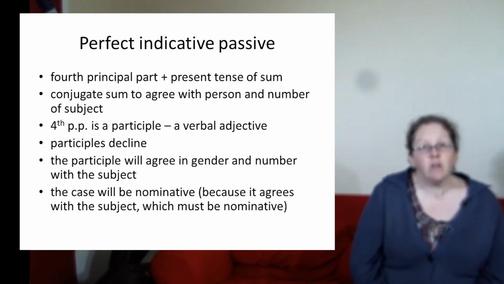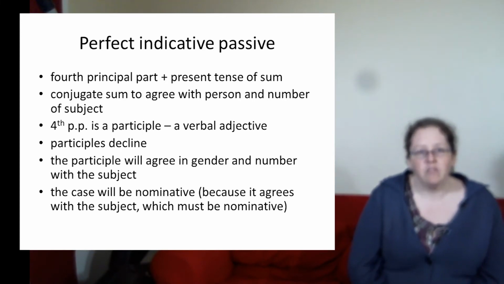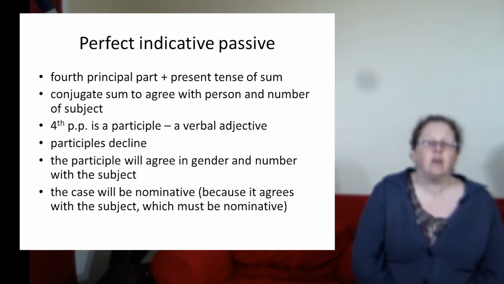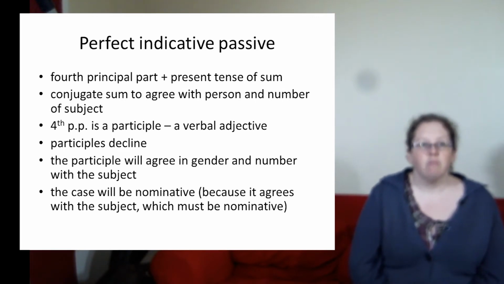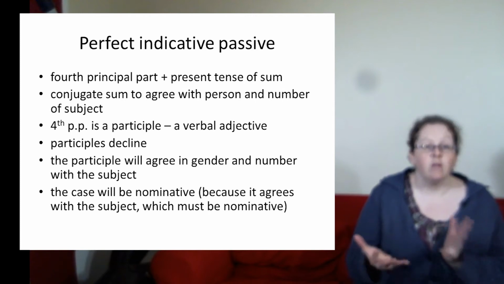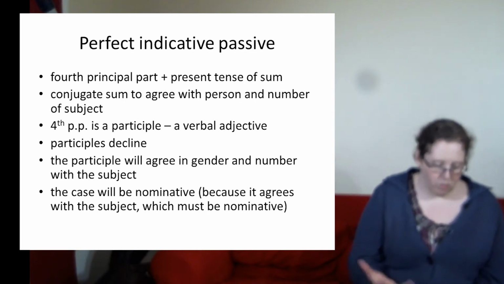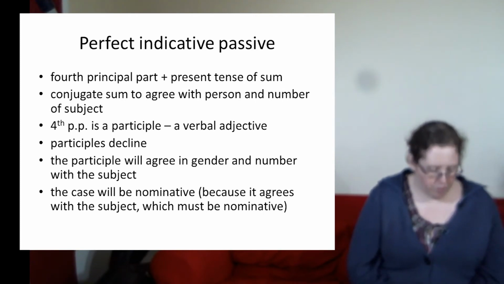If the subject of the verb is a we or a you plural or a they, then the participle has to be plural because it has to agree in gender, number, and case with the noun or pronoun that it's modifying, and as those pronouns are plural, therefore the participle will also have to be plural.